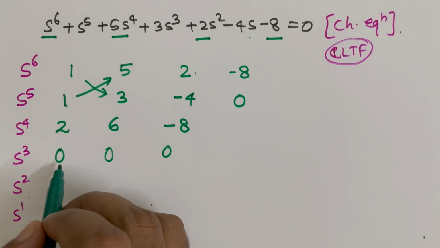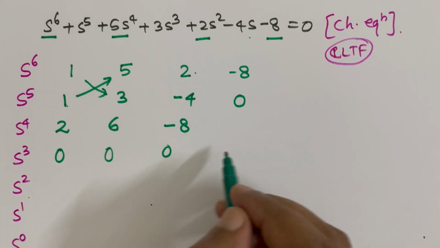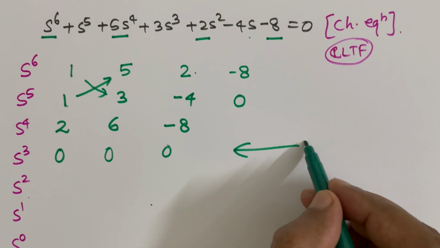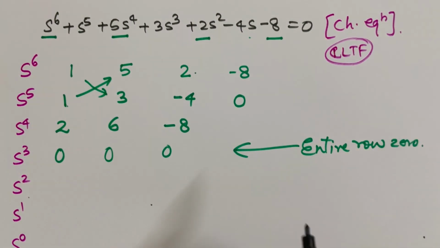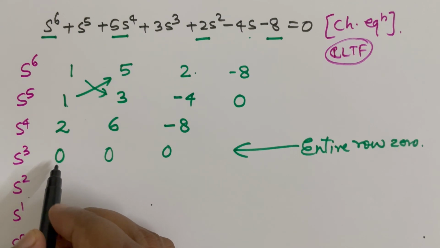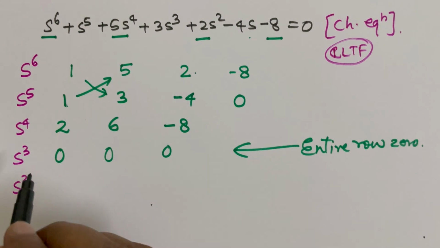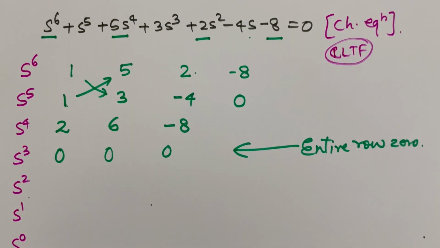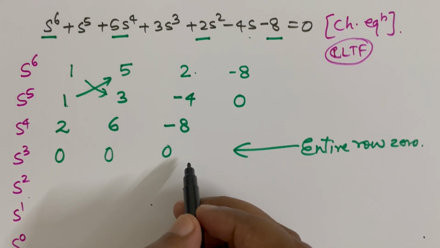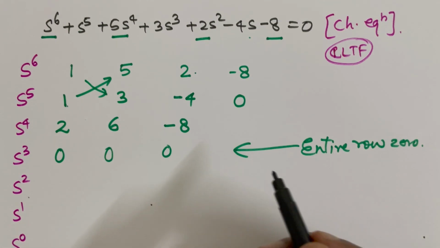So here we get a problem. The entire row has become 0. Previously we saw the special case where just the first term is 0. Here the entire row is 0. For this kind of case we have to write the auxiliary equation.